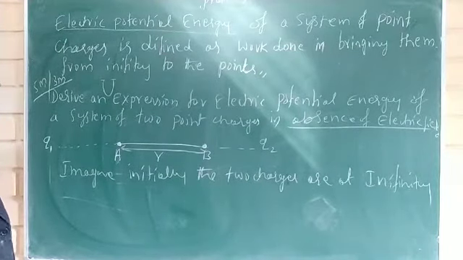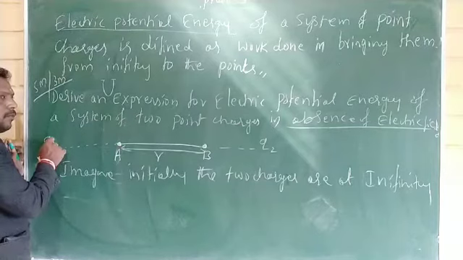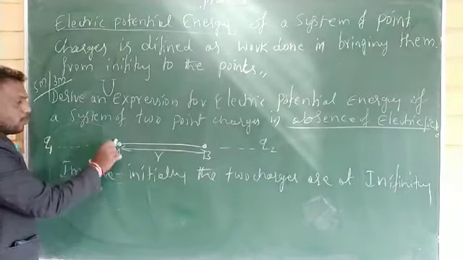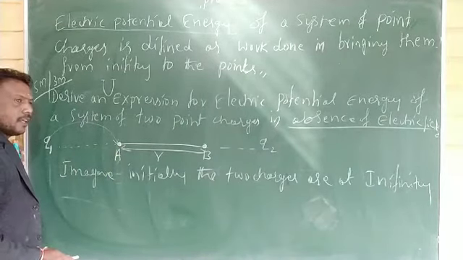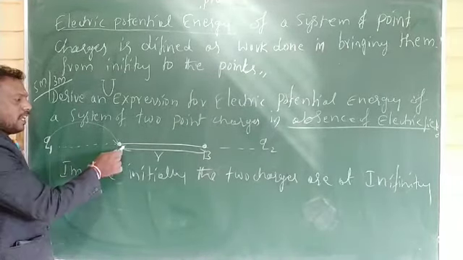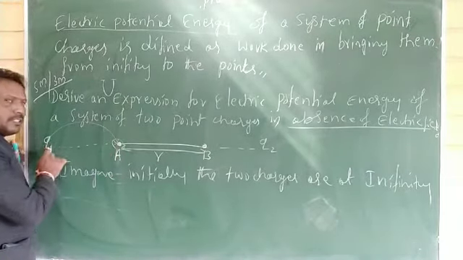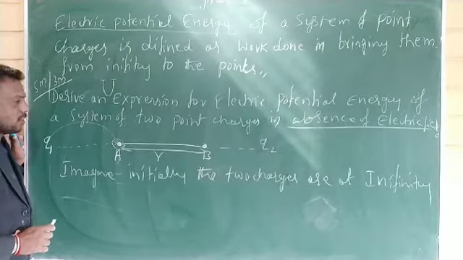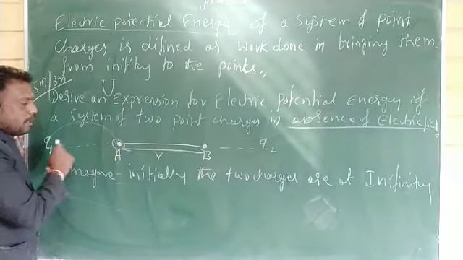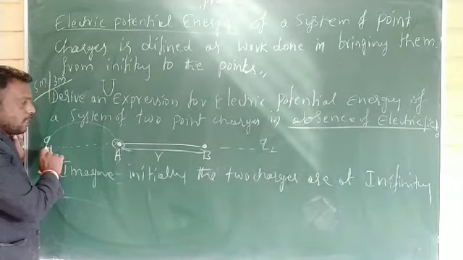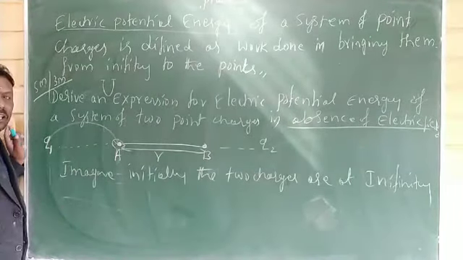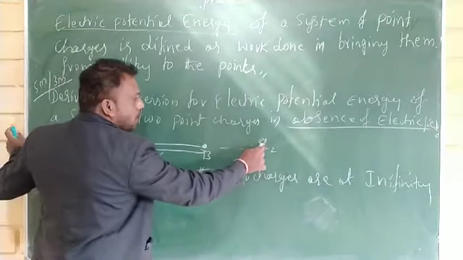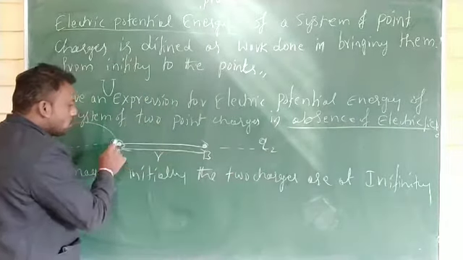Work done in bringing Q1 charge from infinity to point A: no work is done, because there is no electric field to oppose the charge Q1. Therefore, work done is 0. After that, what is the potential at point B due to Q1 charge?